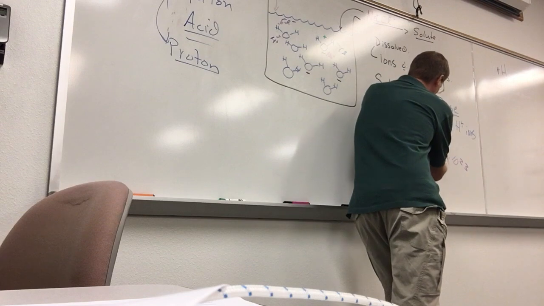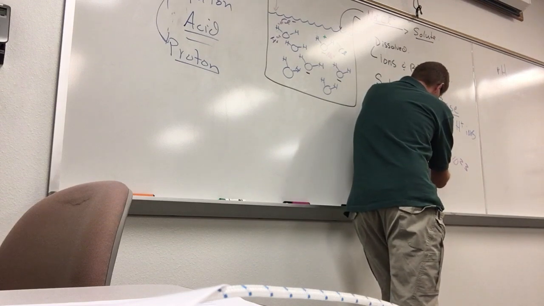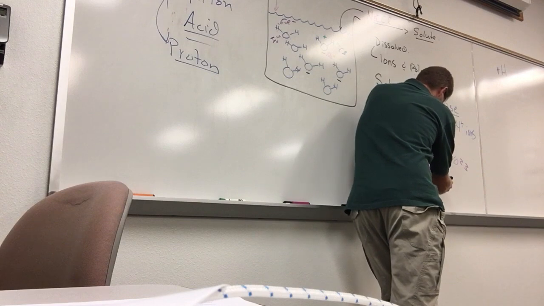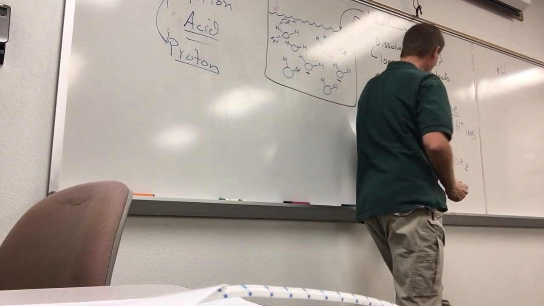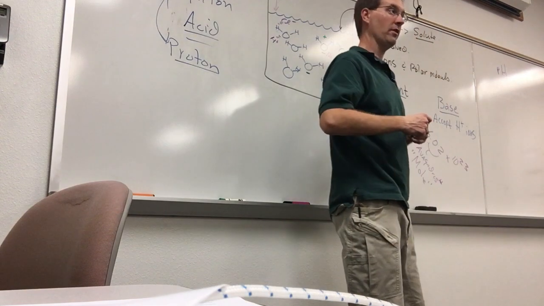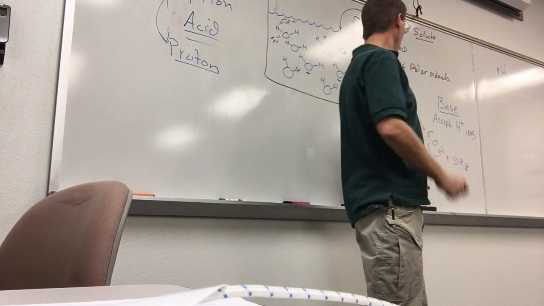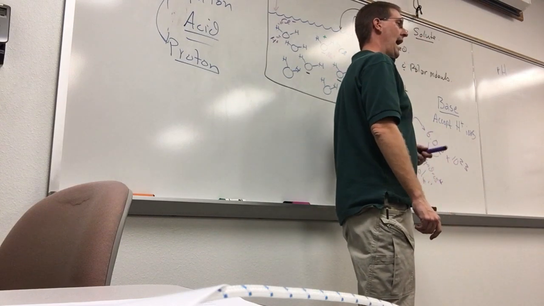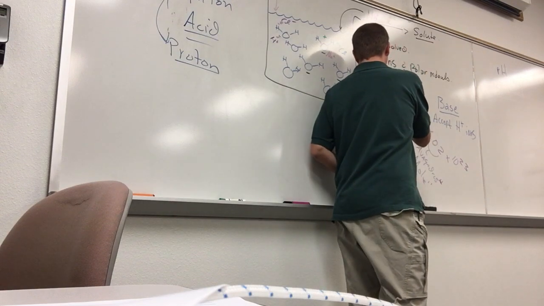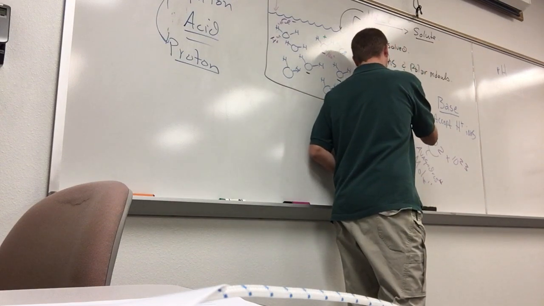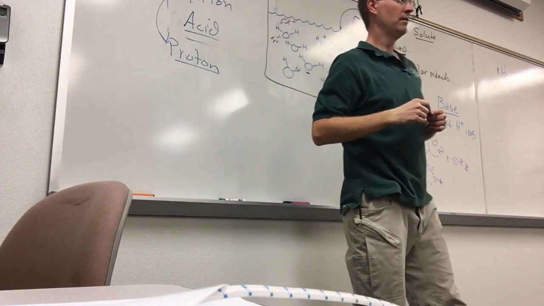That massive number is what we call Avogadro's number, or the common statement is the mole. A mole is 6.02 times 10 to the 23. If I had a mole of hydrogen atoms or hydrogen ions, I would have 1 gram of hydrogen.